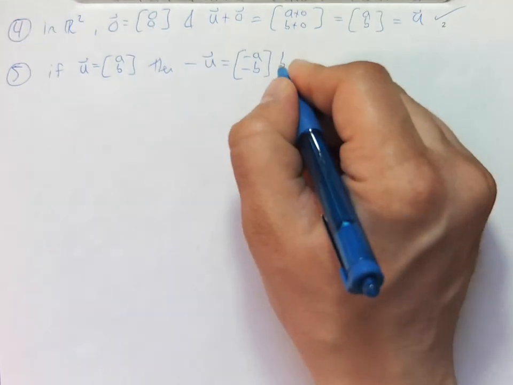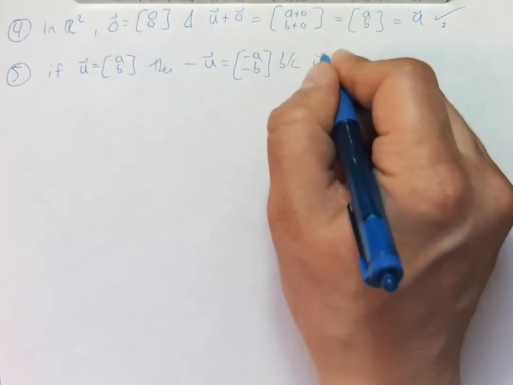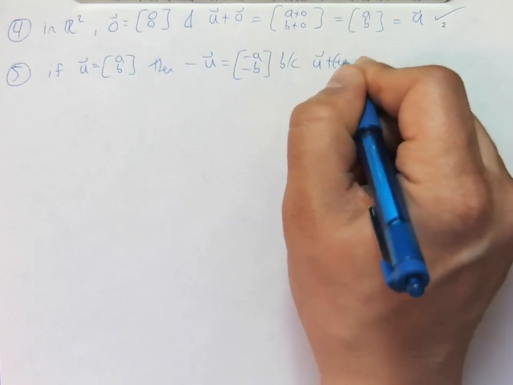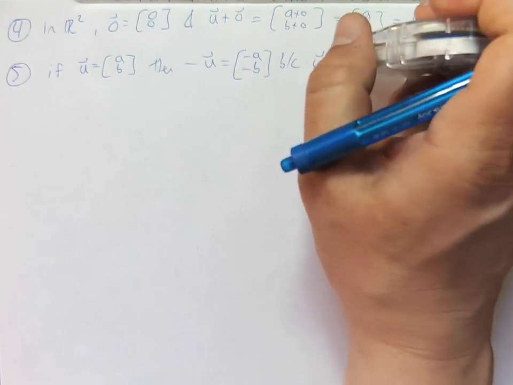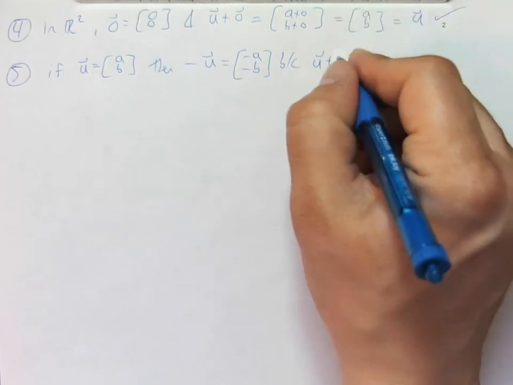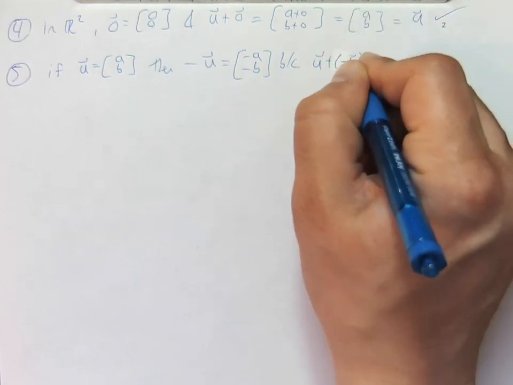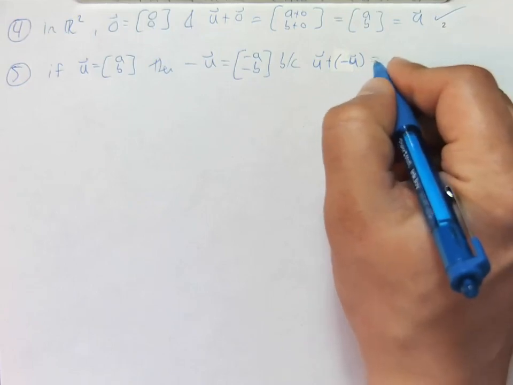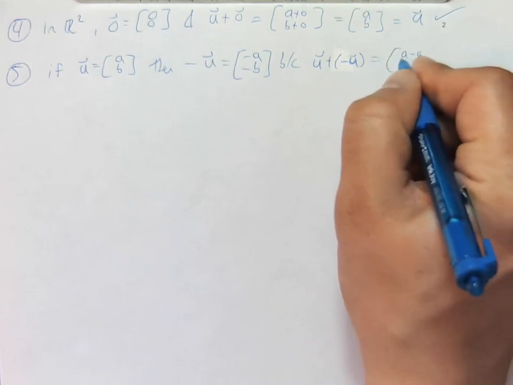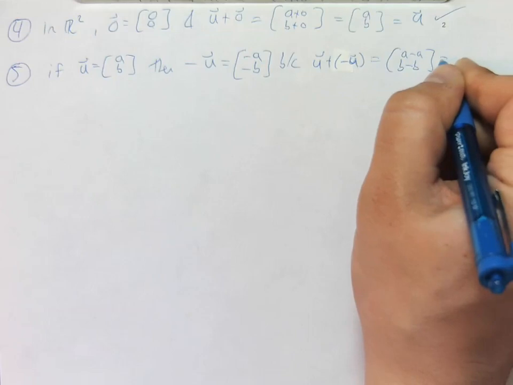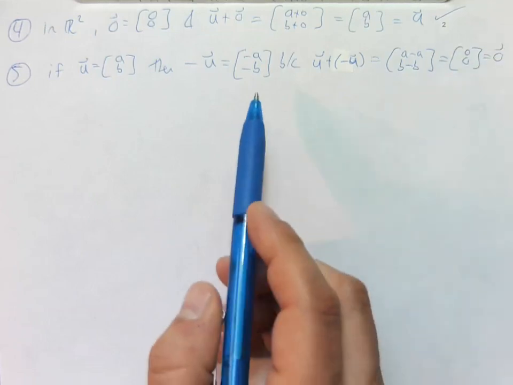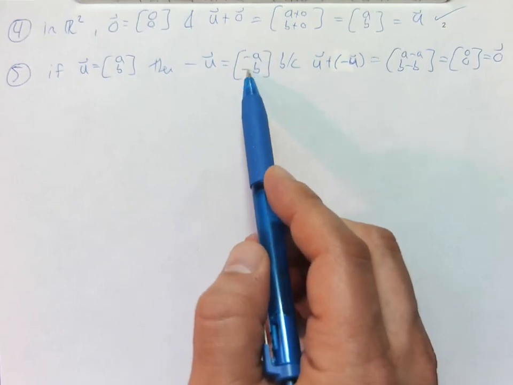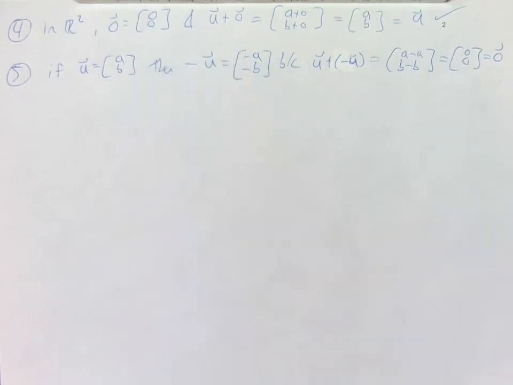Because when we do u plus minus u, let me make that a little more legible here. We end up doing a minus a, b minus b, of course, and so we get to the zero vector when we do that. And so just putting a negative sign in front of your entries is the negative vector in this space, the additive inverse.